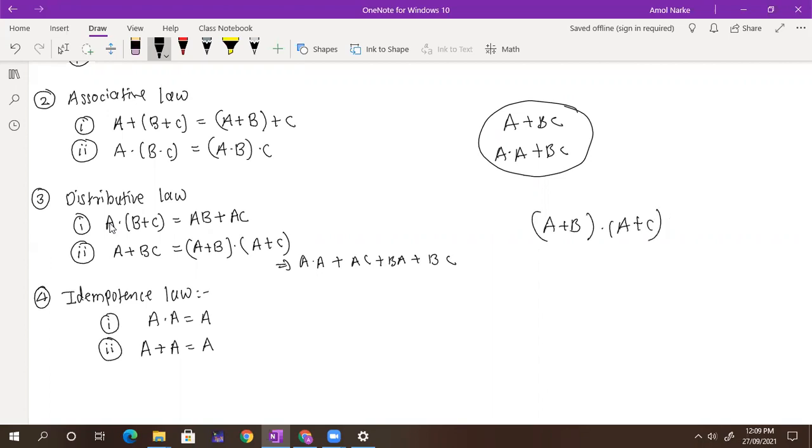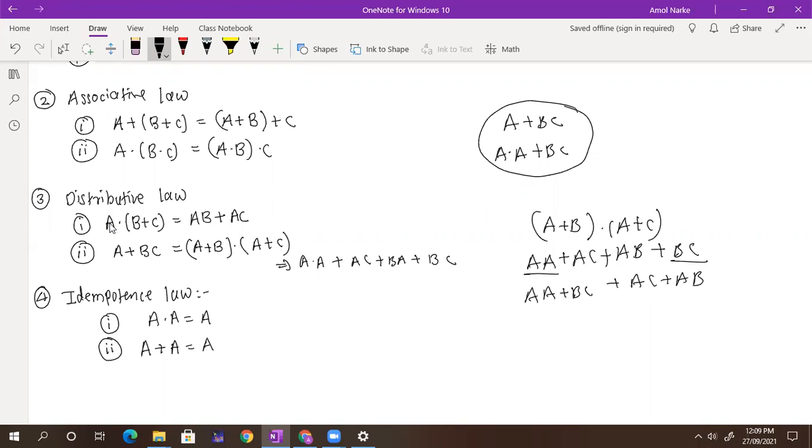If you multiply, you get AA. What is next? AC, plus AB, plus BC. From this I can take AA, so I write AA plus BC, which I want, plus AC plus AB.